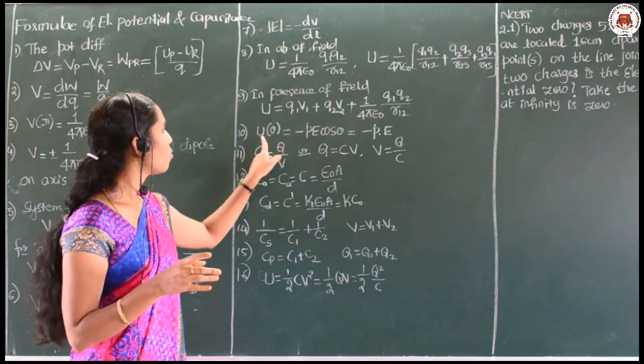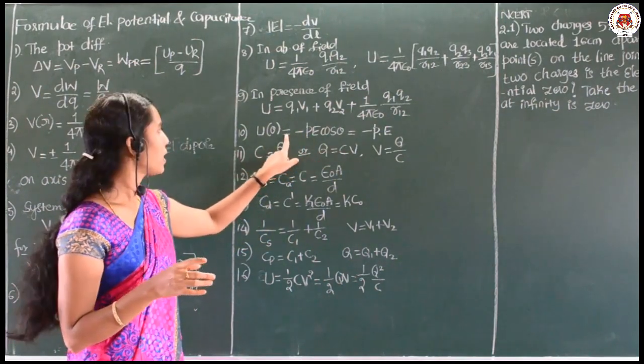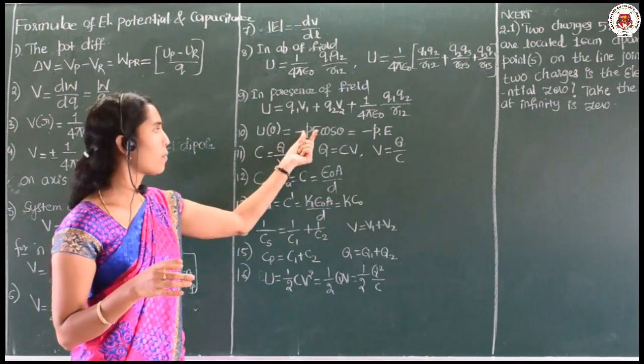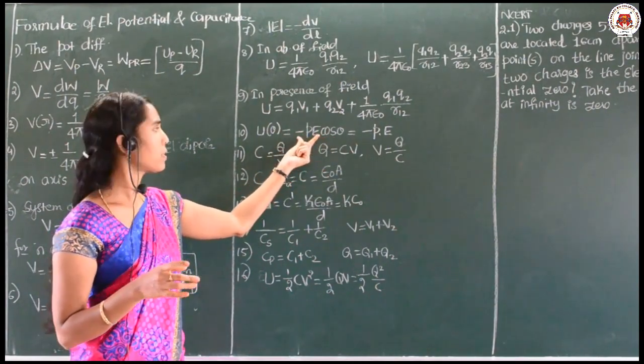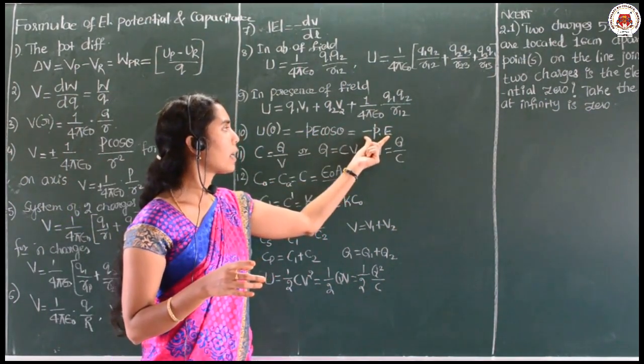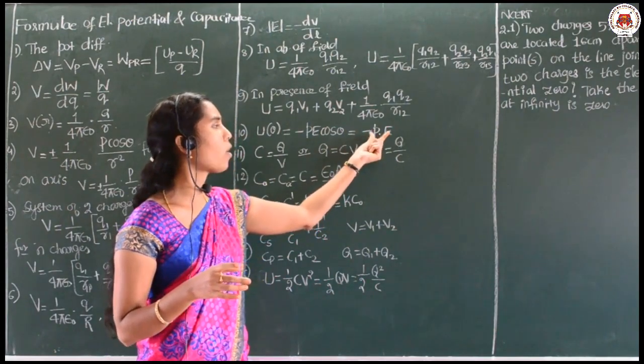Remember, this is for an electric dipole: U = -pE cosθ in magnitude form, and in vector form you can write it as -p·E.